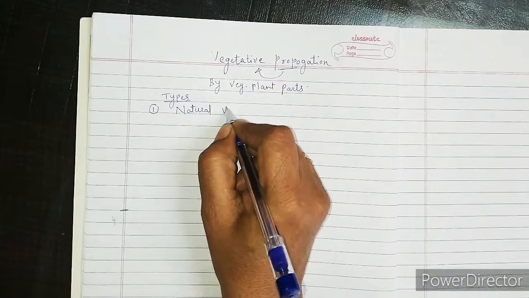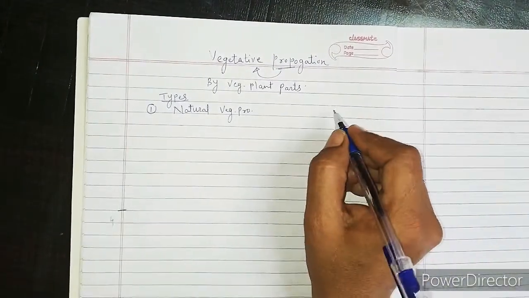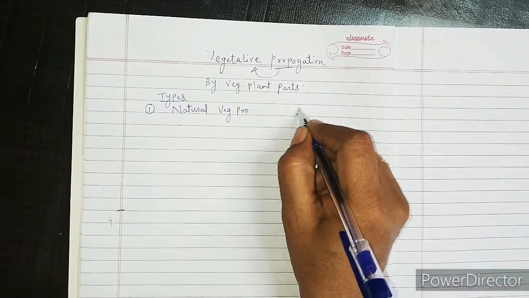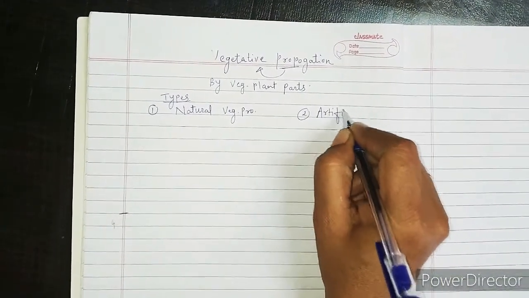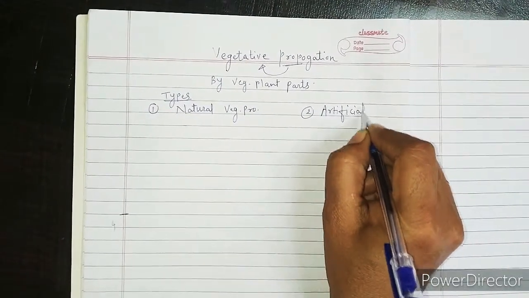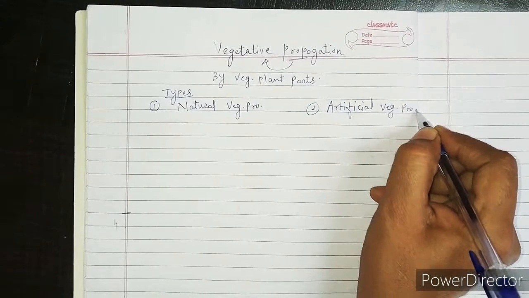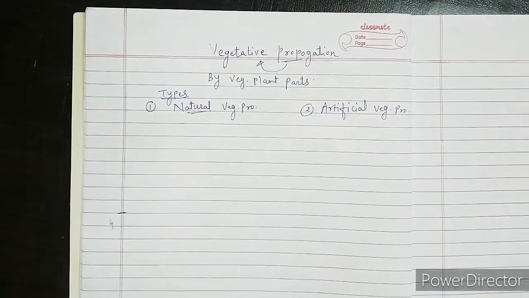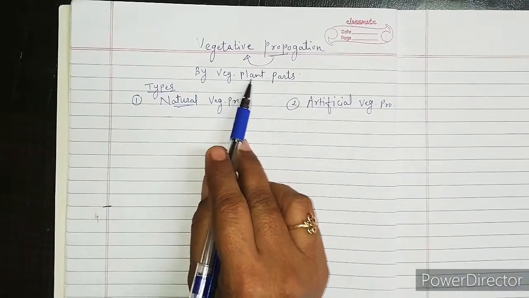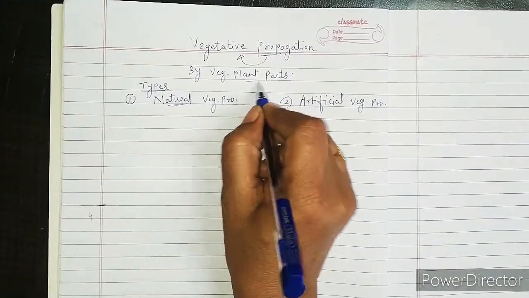So natural vegetative propagation, and the second one is artificial vegetative propagation.